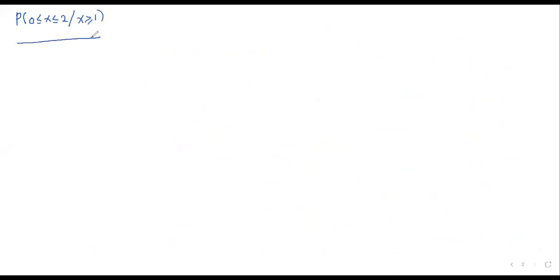Look at this. You're looking for the intersection. 0, 1, up to 2. This second one says from 1 and beyond. So the intersection is 1 and 2.